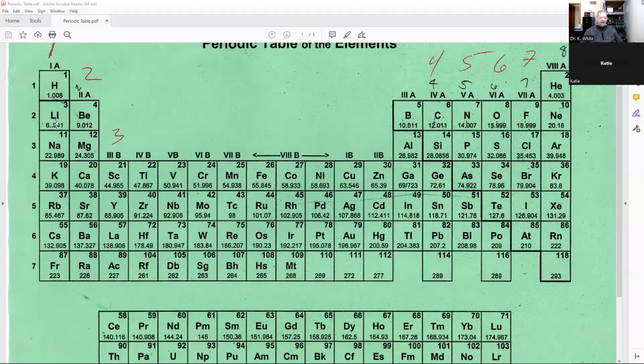It's Li. If I put down on a test what element has a chemical symbol Li, you should know it's lithium. And you should be able to do that for any of the 37 elements I asked you to learn.